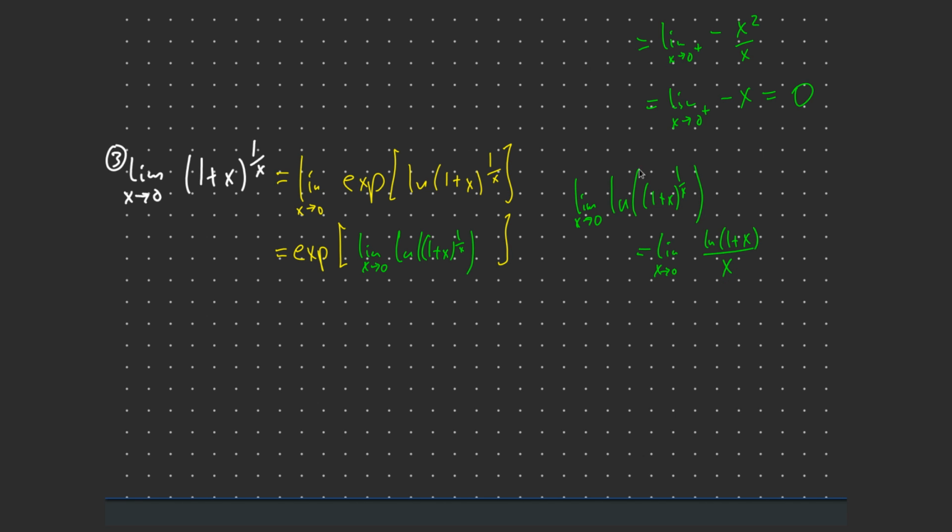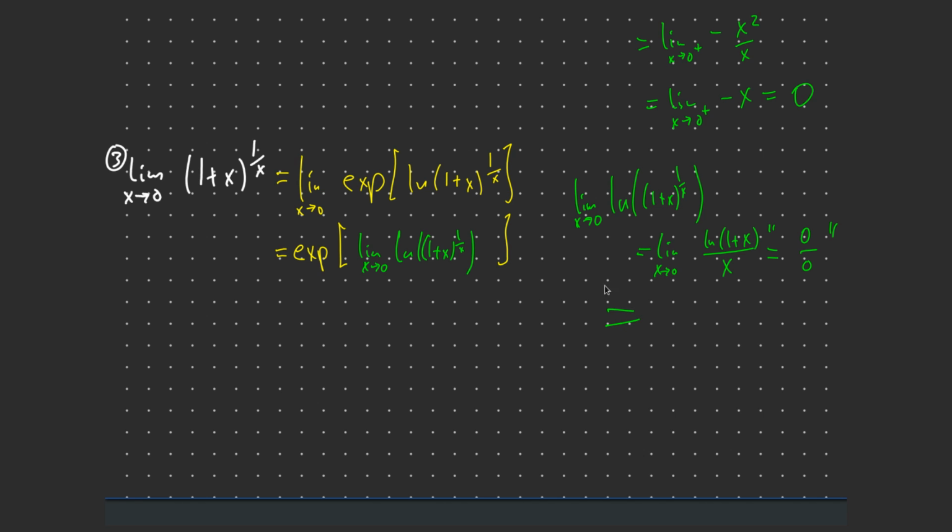Okay, we multiplied by 1 over x, so it's the same as dividing by x here, by using our log rules. And now here, if we plugged in 0, we'd get the natural log of 1, which is 0, over 0. So we'd get 0 over 0, which is, again, an indeterminate form. So we can use L'Hopital's rule here.